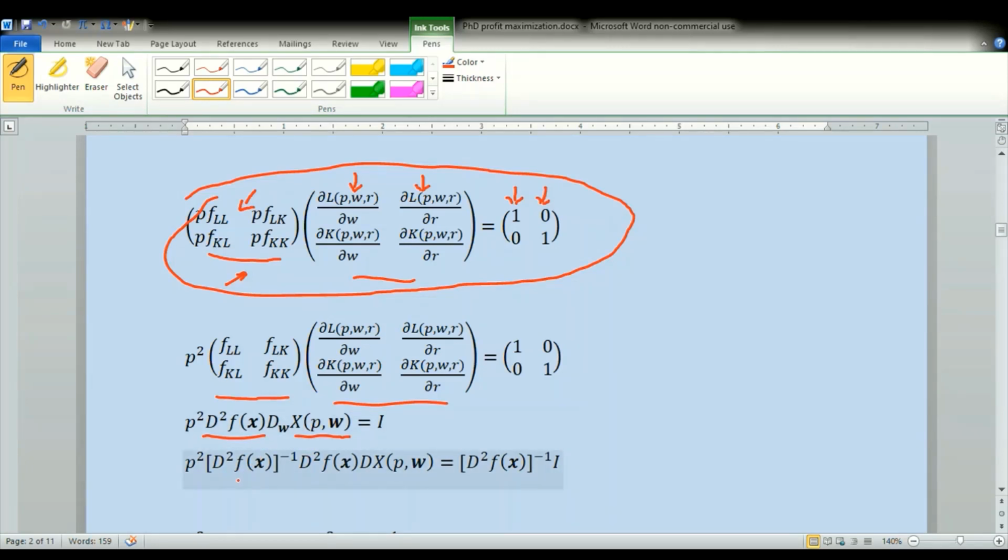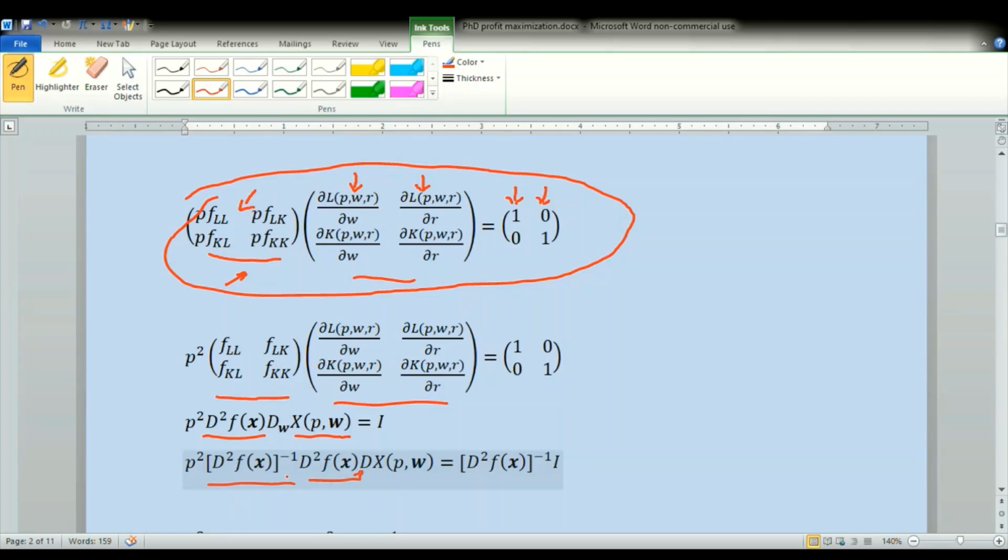What in the next step I have done is that I have pre-multiplied this derivative of the production function by its inverse, and you may be able to recall from your matrix algebra that this product should be equal to 1.